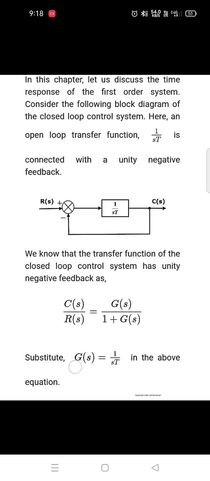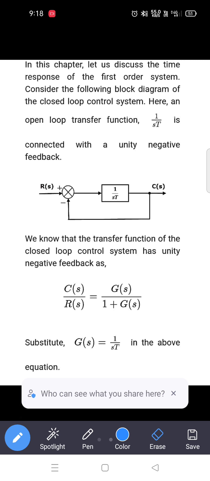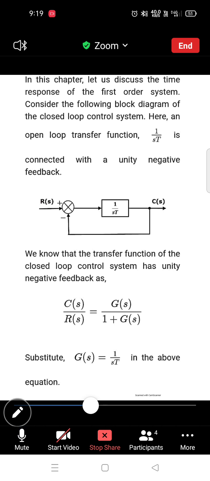Now here we take it as a unity feedback, but if there is any feedback given, then our transfer function will be G of s H of s divided by 1 plus G of s H of s. But here the feedback is unity, that is why we are only using G of s divided by 1 plus G of s.